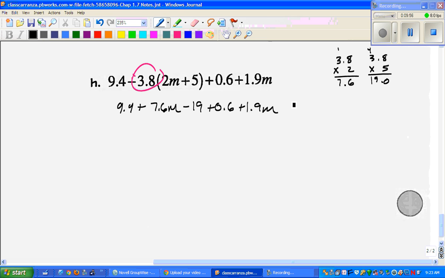Okay, now let's start to find our like terms. I see a 9.4, negative 19 and 0.6, along with the 7.6 and the 1.9. So off to the side, 7.6 plus 1.9, we get 9.5 m.